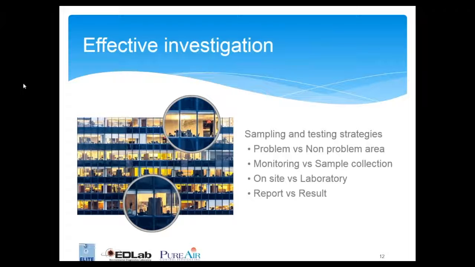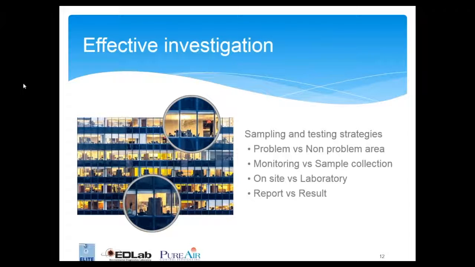And since this is an office building, they might be sharing the same air conditioning ventilation system. So the problem which is being generated in the bottom circle, or in that particular office, may be distributed throughout this building.